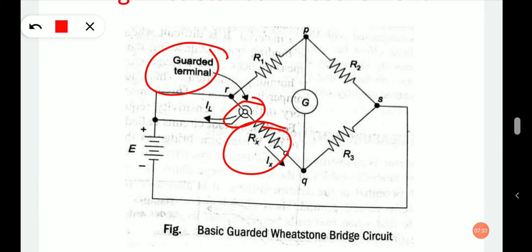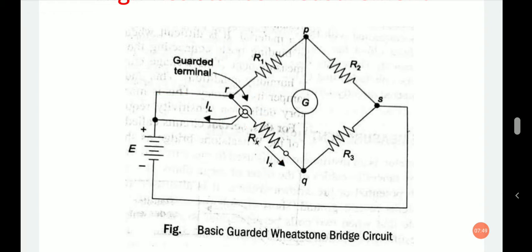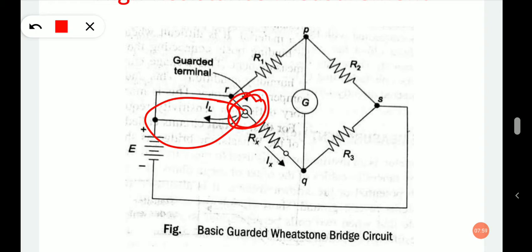As can be seen, a guard wire is connected to the terminal of unknown resistance Rx at one end and to the battery at its other end, which intercepts the leakage current and sends it back to the battery.